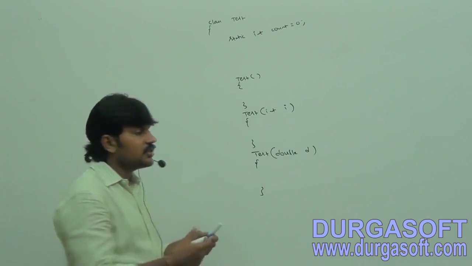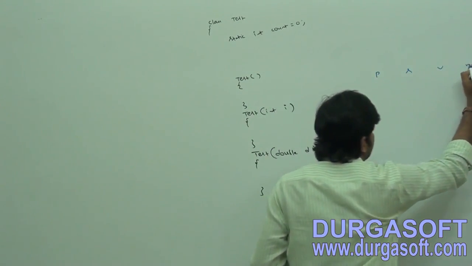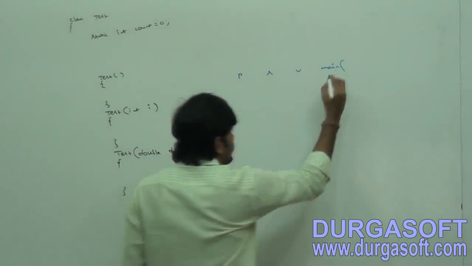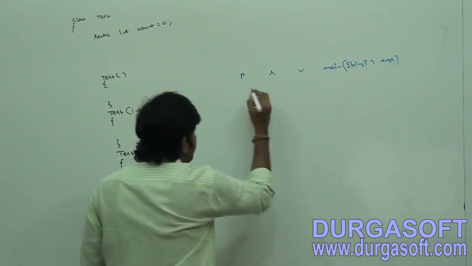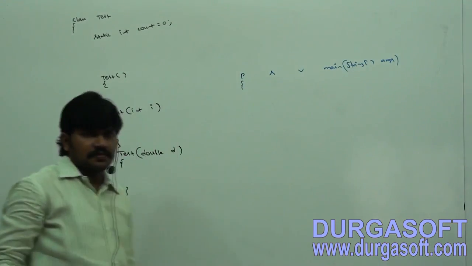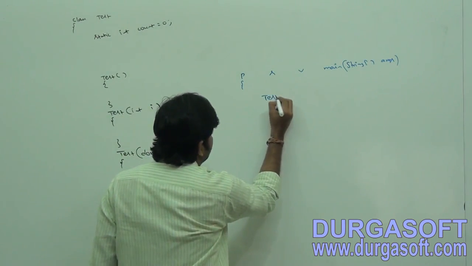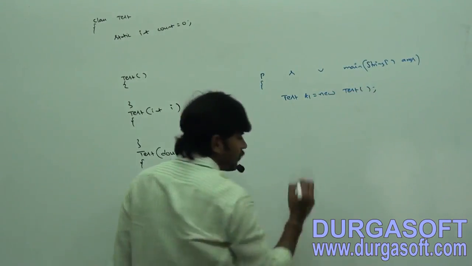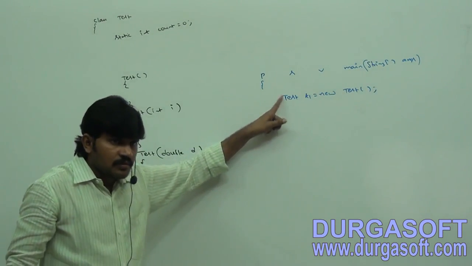Now the continuation: public static void main(String[] args). Now observe, I'm creating Test objects. Test t1 = new Test(); here I'm creating an object. Which constructor will be called?